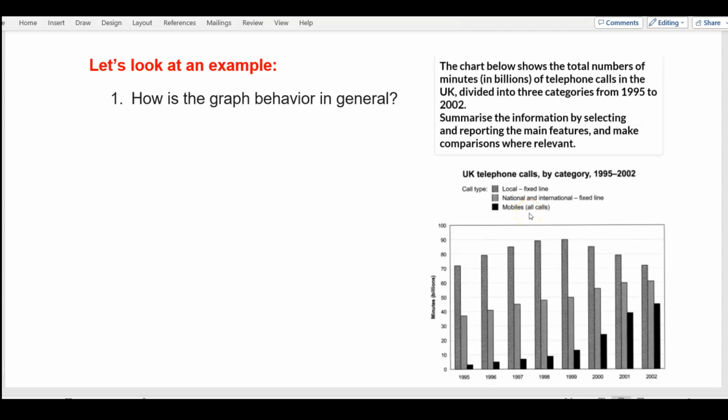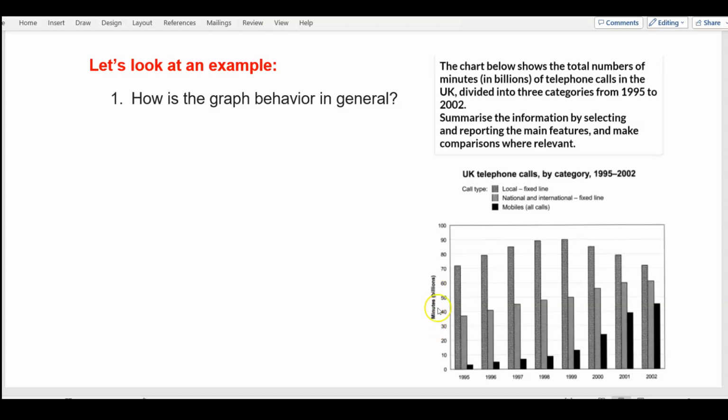We have these 3 keys here, and we know that this is about UK telephone calls by category from 1995 to 2000, and each of these numbers is in millions. Actually, it's in billions.